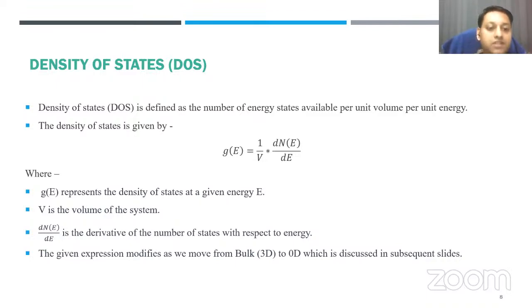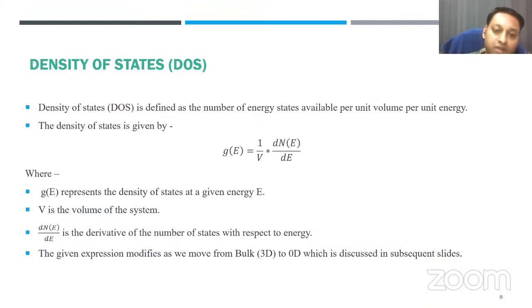Okay, so the density of states is given by g(E) equal to 1/V multiplied by dN/dE. Now dN/dE is the derivative of the number of electrons with respect to energy. So per unit energy, how many energy states are available for occupying.